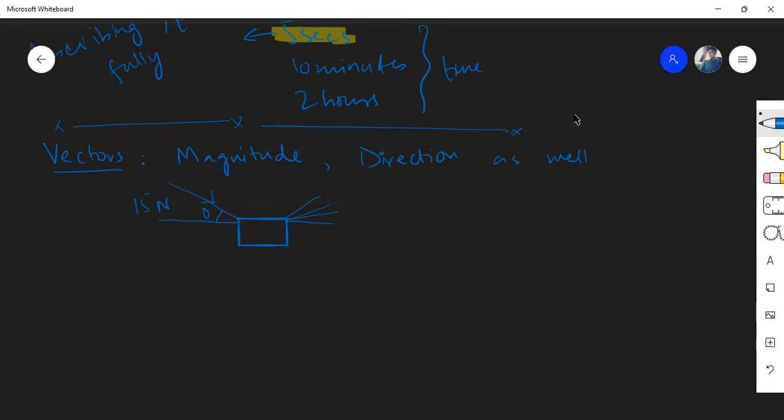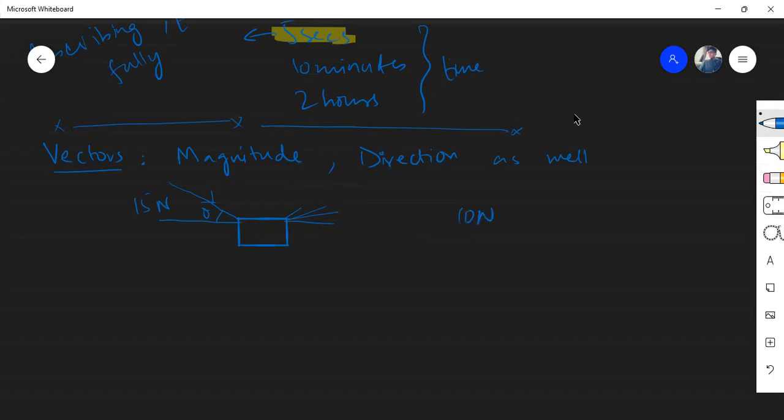To stop the movement, I need to apply some force from the right side. Is that right? But I just tell you that I applied 10 newtons of force to stop this block.